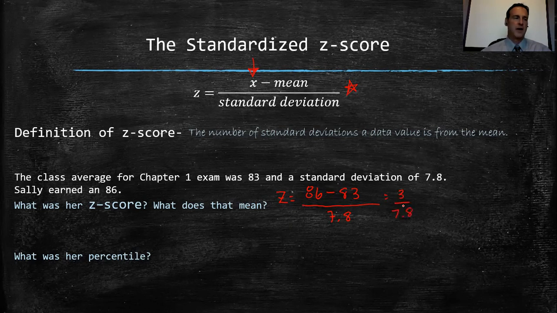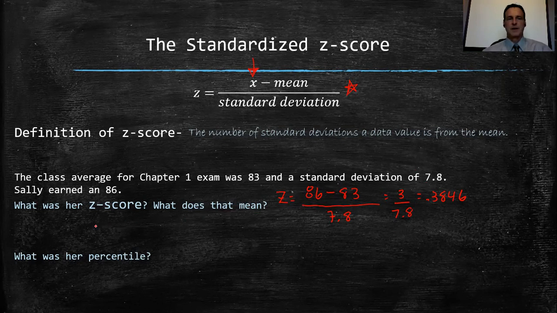You can do the quick math in your calculator, and you'll get 0.3846. That is Sally's z-score for her score on the test with respect to her other students. And what does that mean?